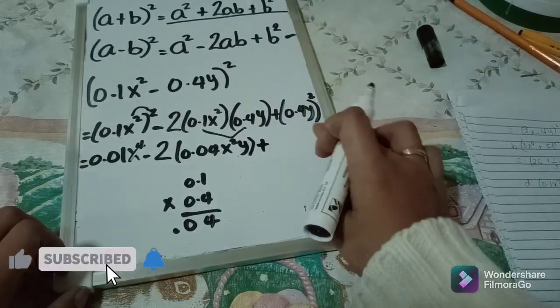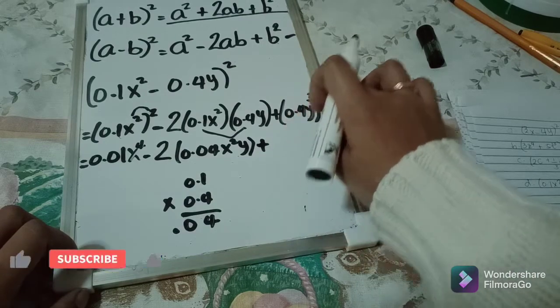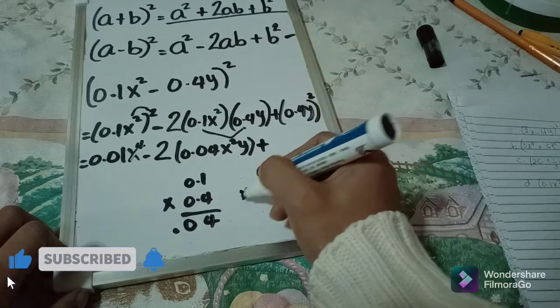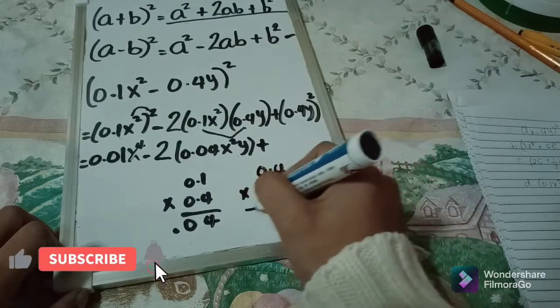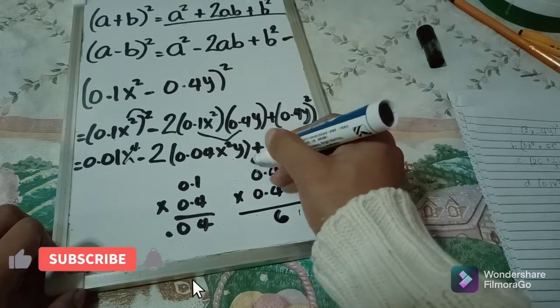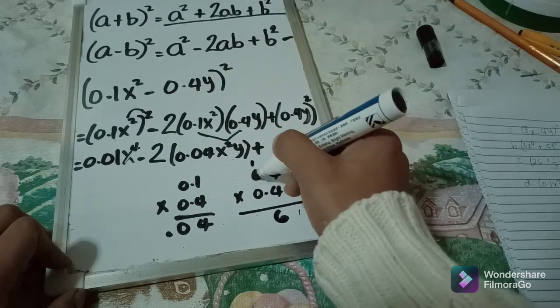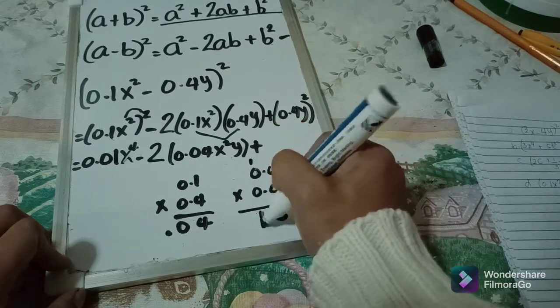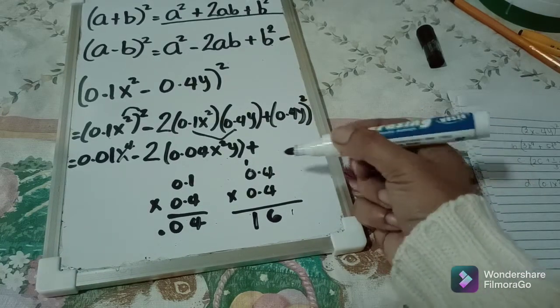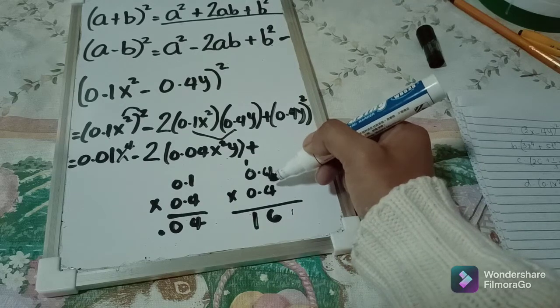And then, dito naman, 0.4 square. Ang ibig sabihin yan, 0.4 times 0.4. So, 4 times 4, 16. Okay, 4 times 0, 0 plus 1. Yun. So, saan natin ilalagay yung decimal? Bilangin ulit kung ilan yung decimal numbers.